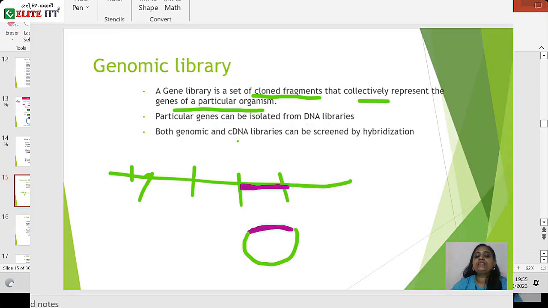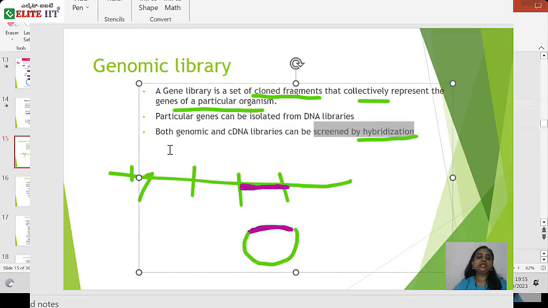Both genomic and cDNA libraries can be screened by the hybridization process. During the making of a library, there will be a mixture of fragments, a mixture of recombinants. So in order to identify your gene of interest, you have to use this screening method, screening by hybridization technique.